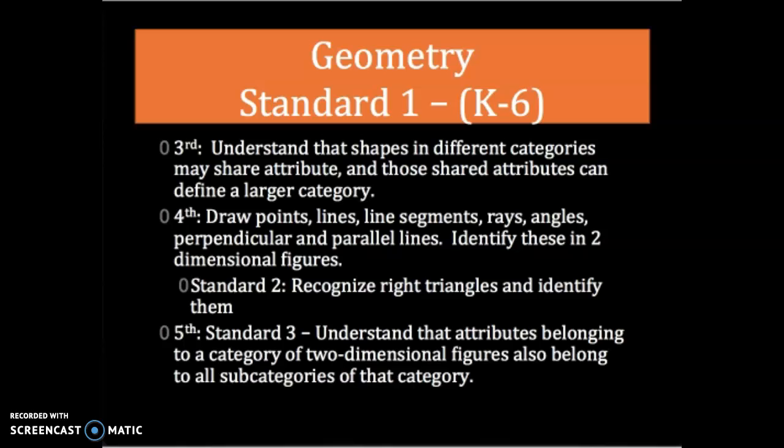However, the Standard 3 really lends to them moving forward into that 6th grade standard, because it's helping them to understand that attributes belonging to a category of two-dimensional figures also belong to all subcategories of that figure. So that's, for example, all rectangles have 4 right angles and squares are rectangles, so all squares have 4 right angles. So all of these are very important.